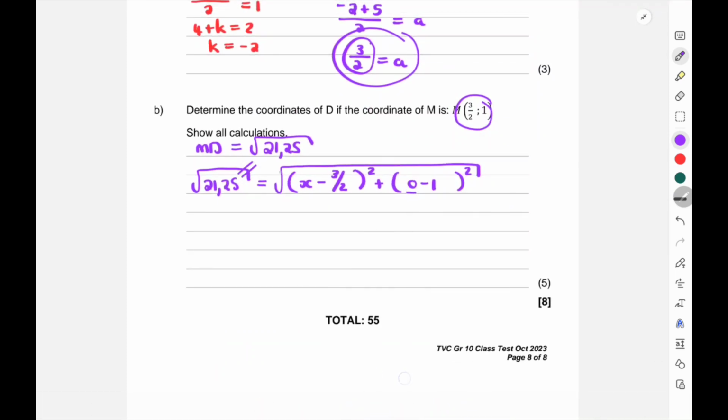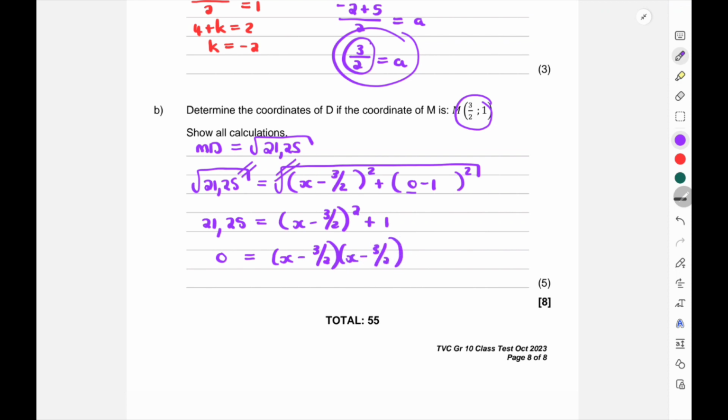Okay, if you've got two square roots, you can cancel them out. So 21.25 is equal to (x minus 3/2) squared plus (0 minus 1) squared, and (0 minus 1) squared gives you 1. Okay, I'm going to bring that 21.25 over. (x minus 3/2) times (x minus 3/2).